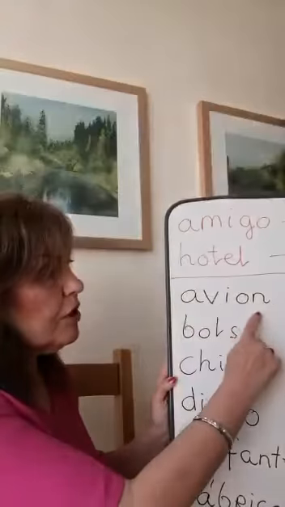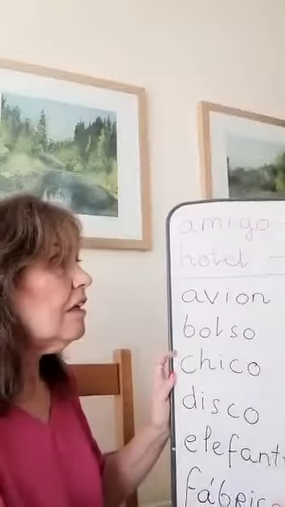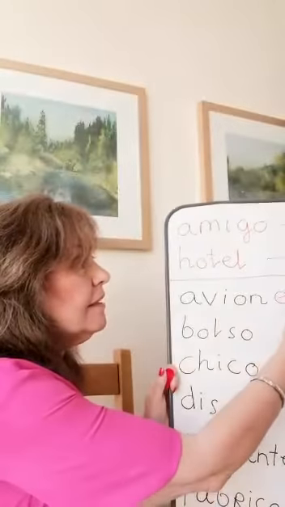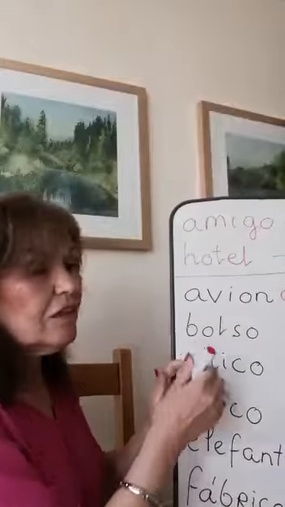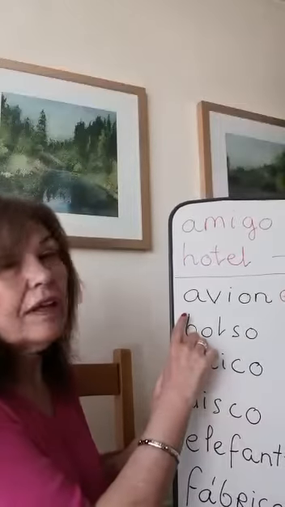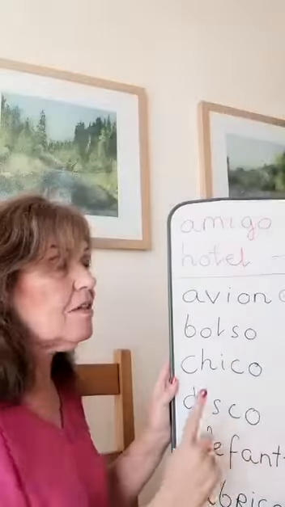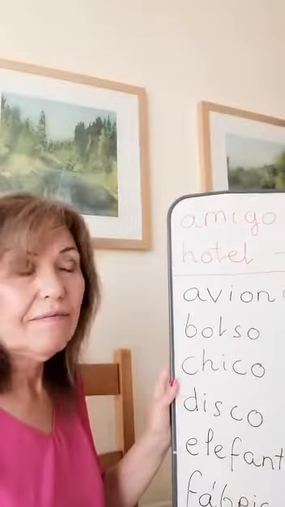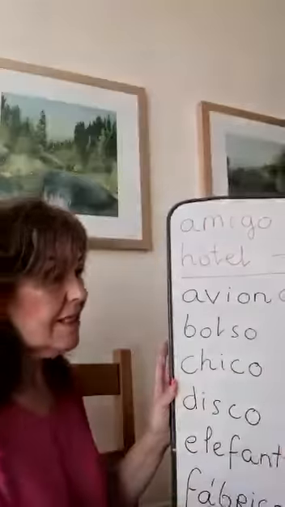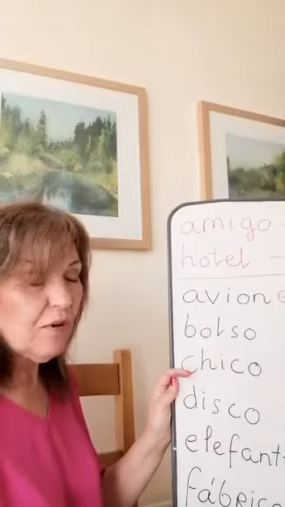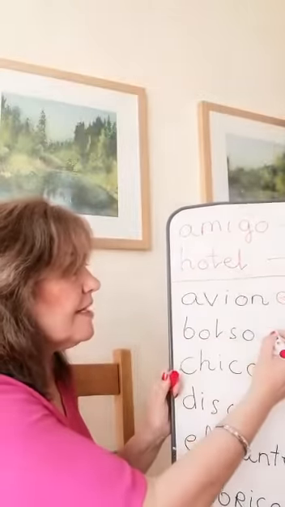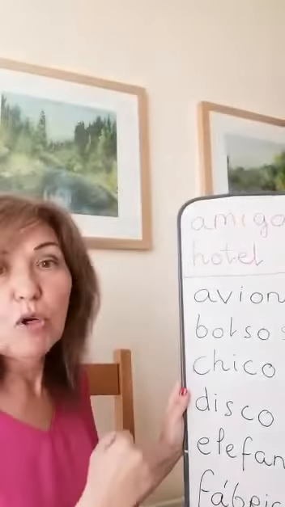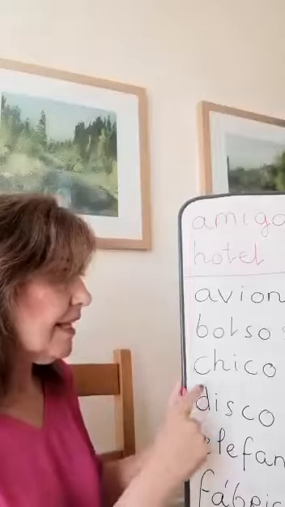So the first one, avión, ends in an N, so it's a consonant, so we are going to have to add an ES. So that will end up aviones, yes? Un avión, dos aviones. Now bolso ends in a vowel, sorry, so we just add an S. Bolsos, dos bolsos, two bags.